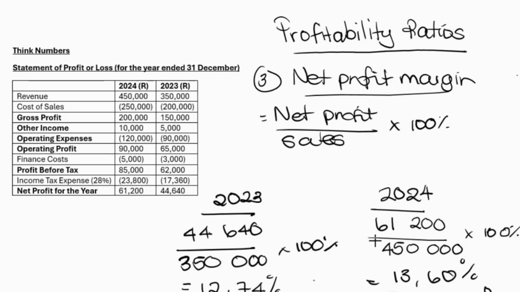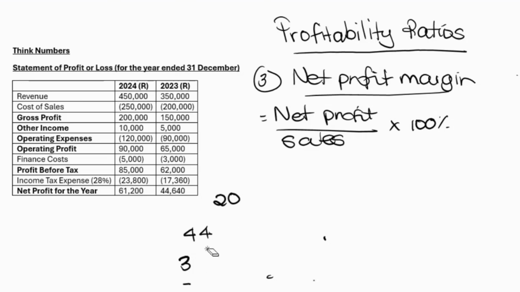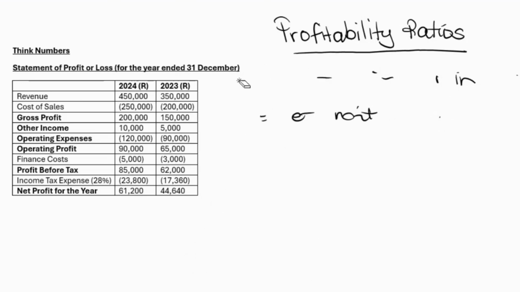All right, then we now have our fourth ratio, which is our return on assets ratio, or our ROA. You might have heard of this term before, return on assets. What this ratio is going to look at is how well our assets generate profit.